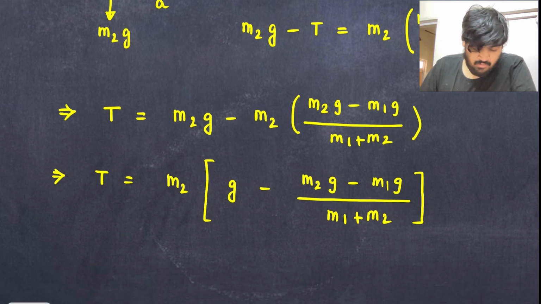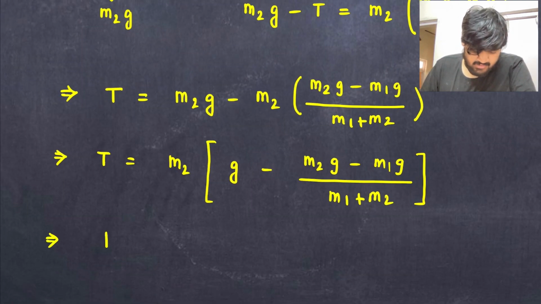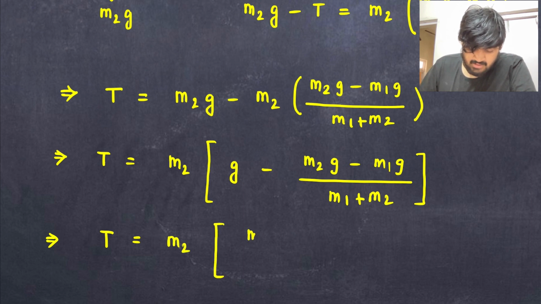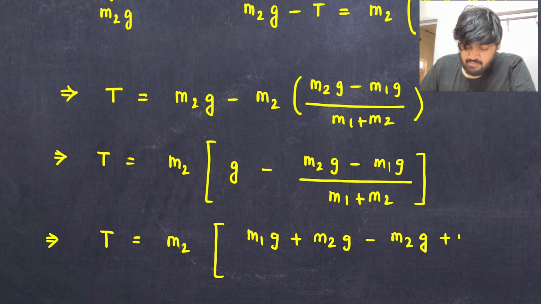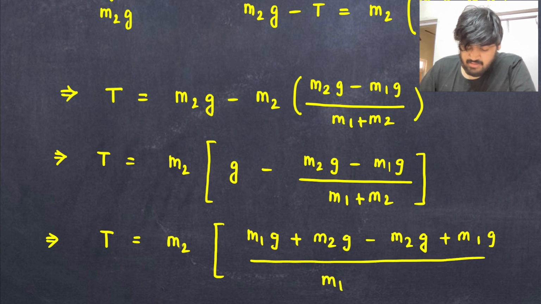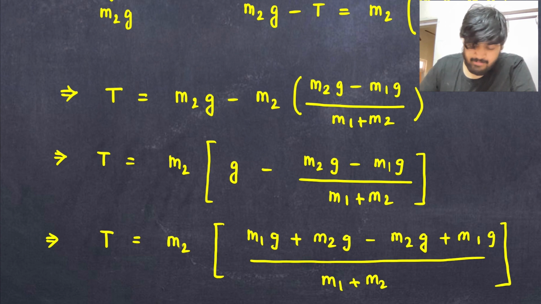So from here T will come out to be m2 times (m1g plus m2g minus m2g plus m1g) divided by m1 plus m2. Okay, so now over here you can see that this and this will get cancelled, right? So that means you are cancelling this and this.